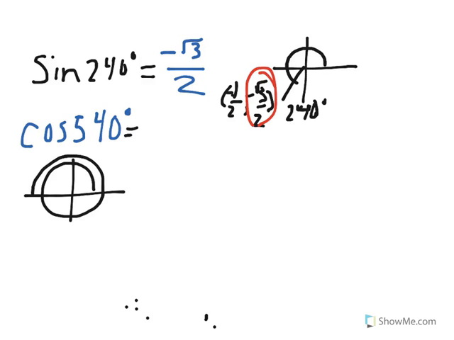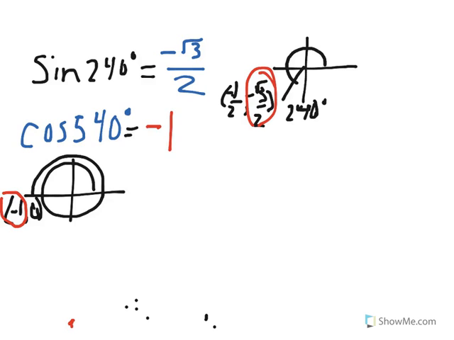So we add 90 more, we're right here where 180 normally is, and that would be where 540 is. The ordered pair here is -1, 0. Now thinking cosine, remember cosine is the x-coordinate, so we're looking at what the x-coordinate is here, okay? And that would be -1. So you'd write -1.